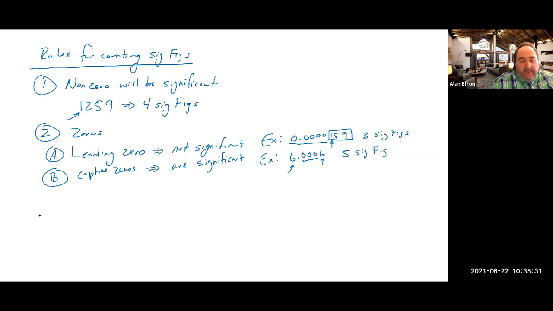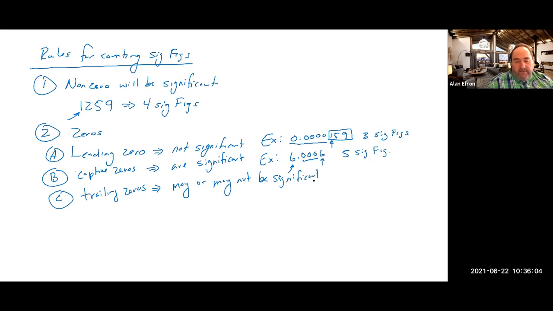Lastly here, really the zero that gives everybody the hardest time in terms of, is it significant, is it not significant? And that is the zeros that come at the end of a number, and those are sometimes referred to as trailing zeros. And these guys may or may not be significant.